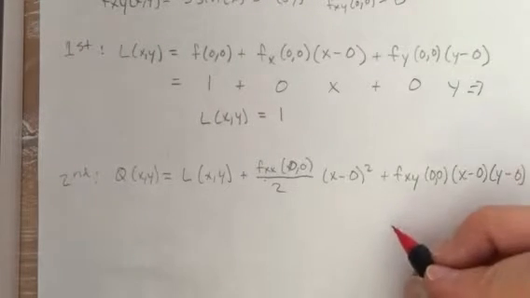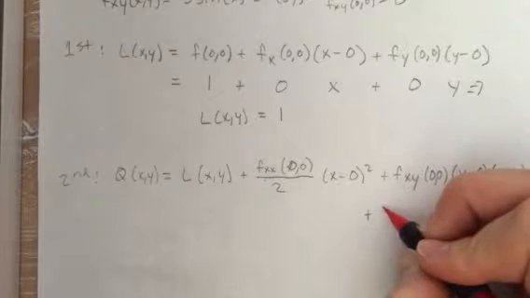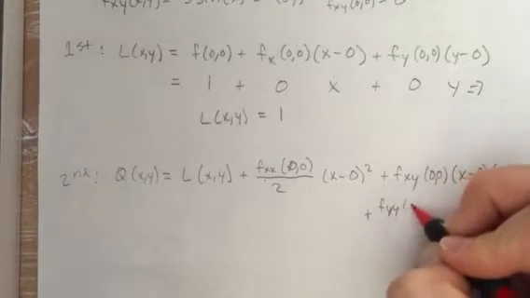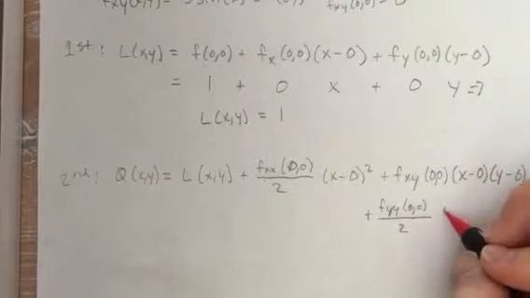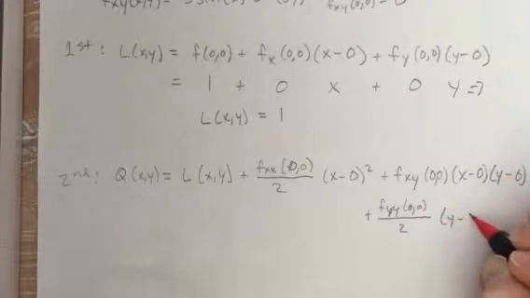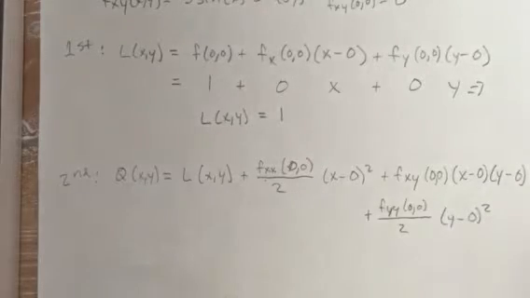And I'm going to move down here again, plus your fyy of 0, 0 over 2 times your y minus your y1, which is 0, squared.